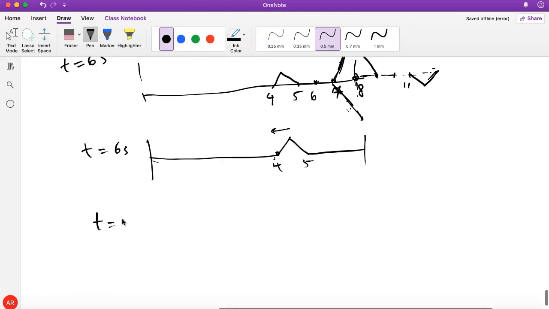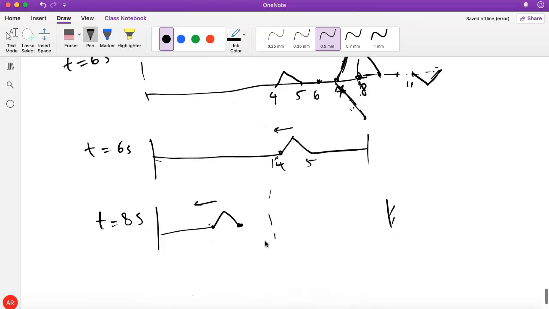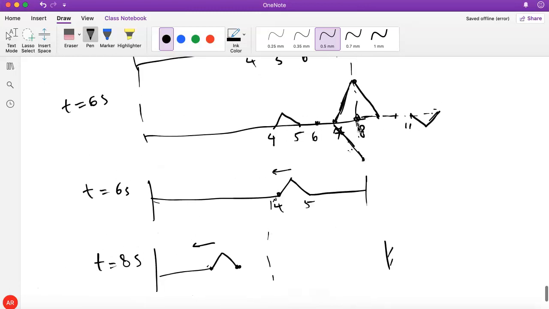So if I again keep going, if I go to 8 seconds, well, now this one, now it's between 4 and 5. So coming back by 2 centimeters, it's going to be between 2 and 3. Right? And this one here is between 7 and 8, right?